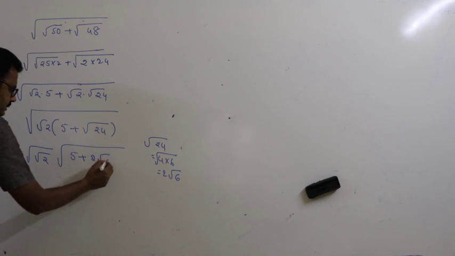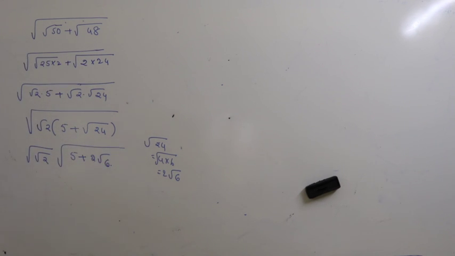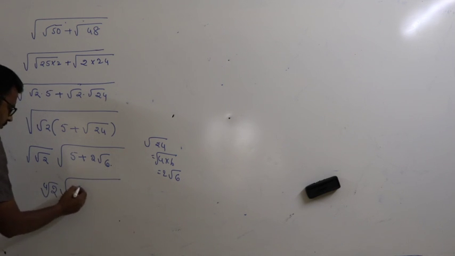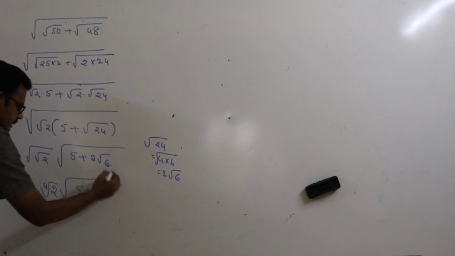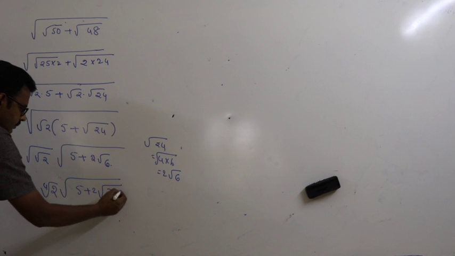We already discussed this one. This is fourth root of 2 into root of 5 plus 2 root 6, factors 3 into 2.